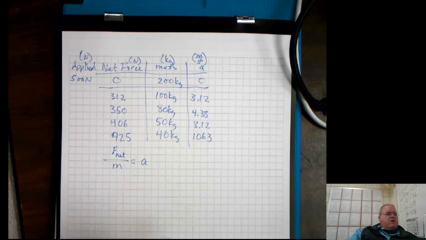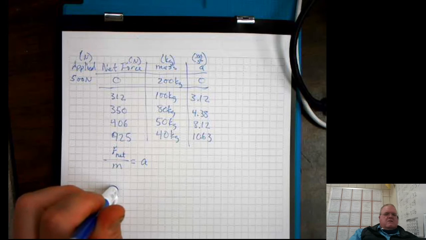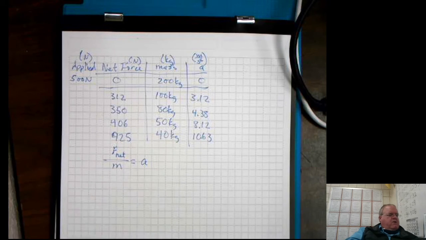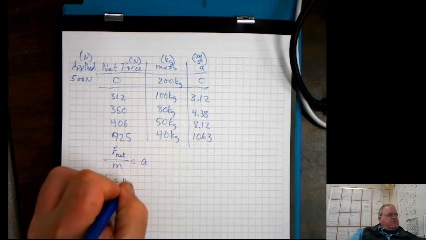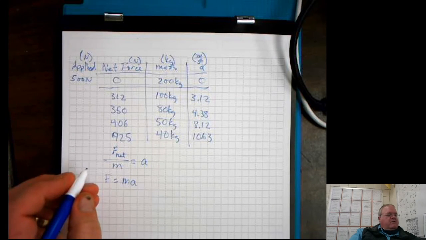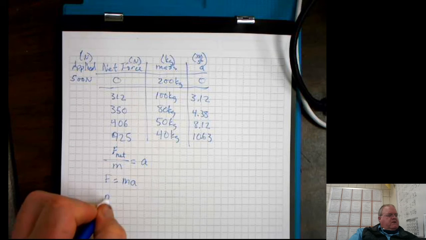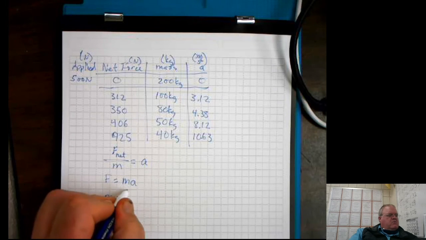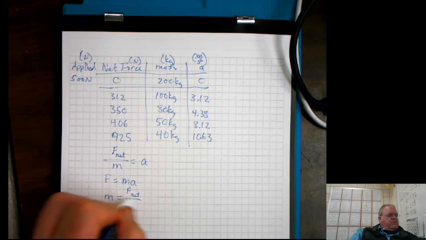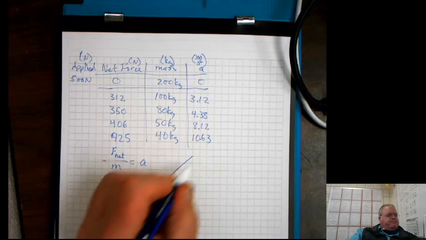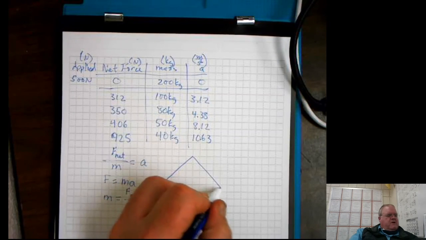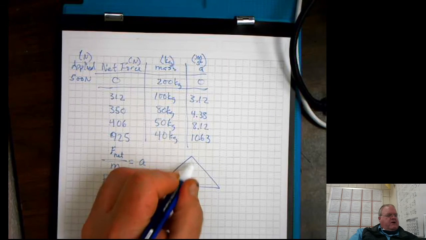This is a very key equation. We can also see this written as F equals ma. You may have heard it that way. And we can say that m equals the net force divided by the acceleration. So I'm going to put up my math triangle.